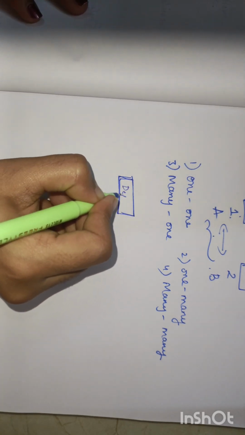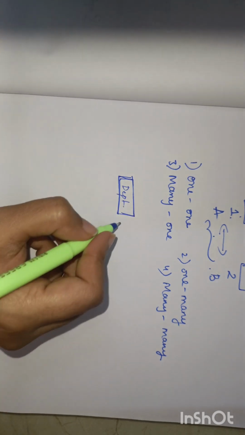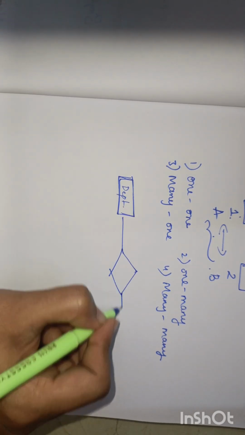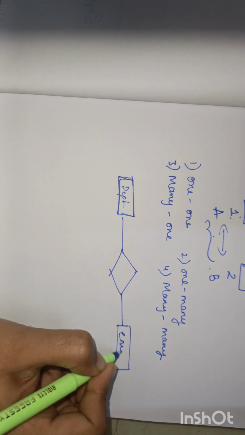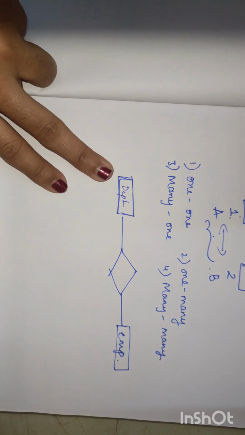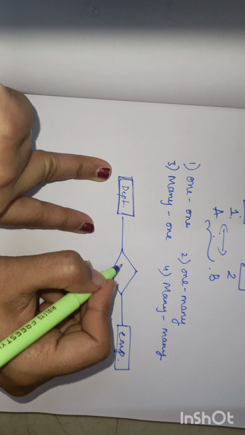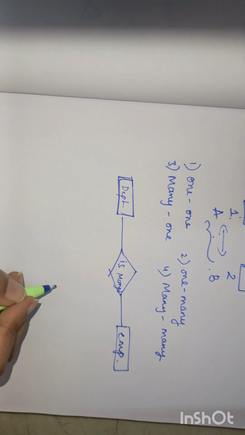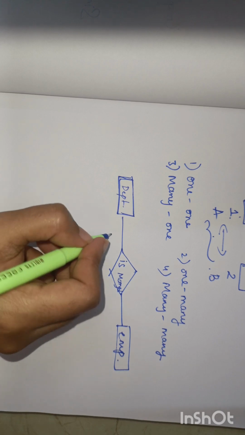Each department, or say a project, is managed by exactly one employee. Every department is managed by one employee. That is one to one.